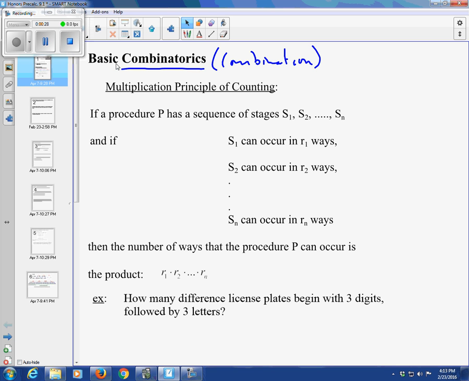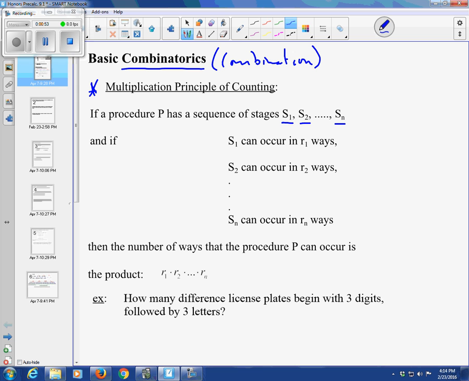So in looking to find the number of ways we can produce outcomes, we're going to be working largely with the multiplication principle of counting. And in the multiplication principle of counting, we say that if we have a procedure, P, that has a sequence of stages, S1, S2, all the way out to Sn stages, right?